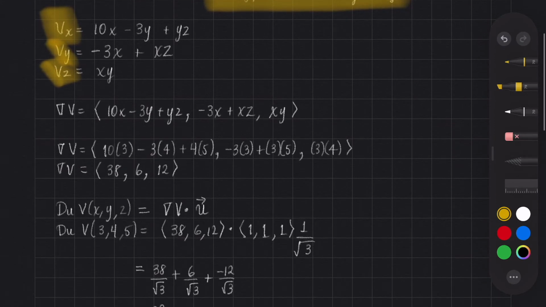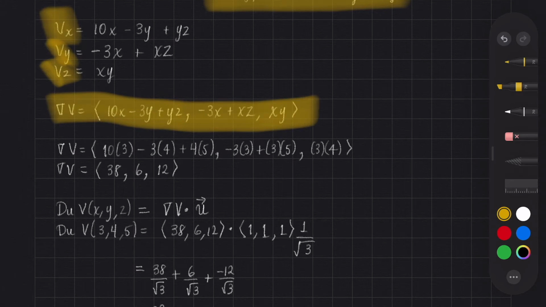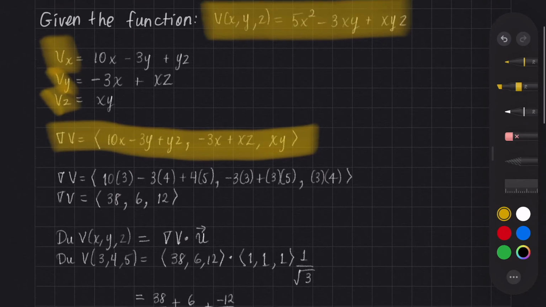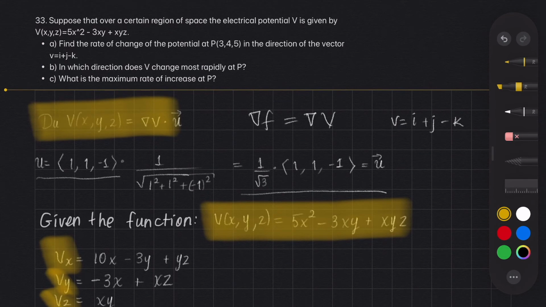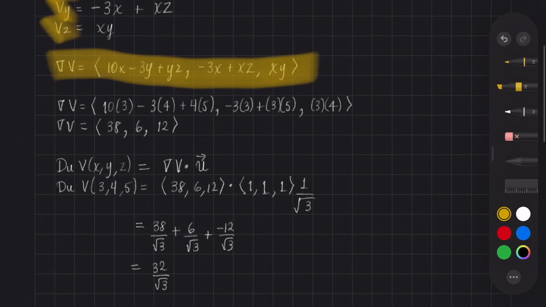So once we take the partial derivatives, we want to put the gradient vector in this notation, and then we want to take the dot product, because we're asked to find the rate of change of the potential at a point P. So we evaluate the point P once we have our gradient vector constructed, and this is our gradient vector at that particular point.